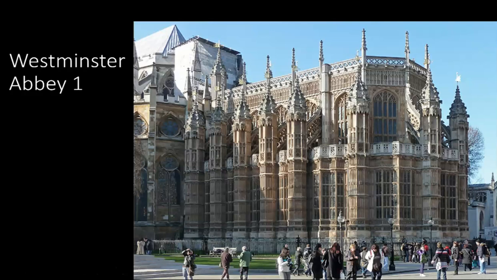Westminster Abbey. Now, one of the new features I was hoping you would pick up in this one. One, you have some rather impressive spires and steeples on the edges here. You can see the stained glass windows, the circular stained glass windows, like I was pointing out as well. But the main thing I wanted you to see was these structures.